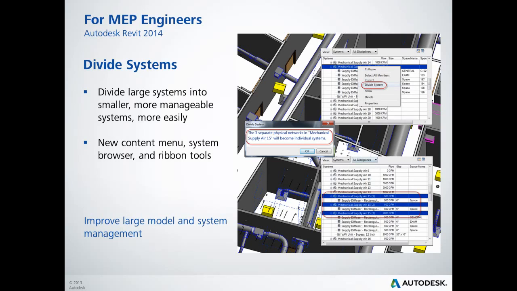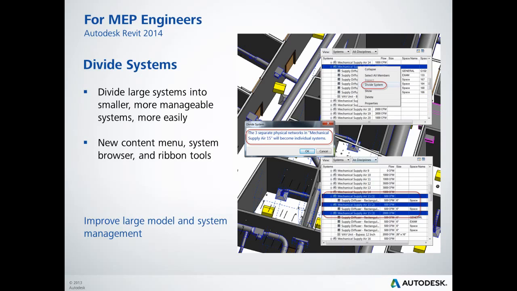Use the divide system command to divide a duct or pipe system consisting of multiple systems into individual systems. In Revit, a system may be a collection of multiple separate physical networks. Use the divide system command to create individual systems from a duct or pipe system consisting of multiple physical networks.